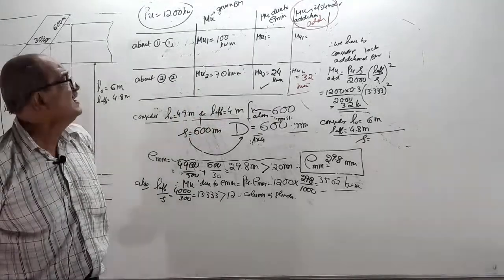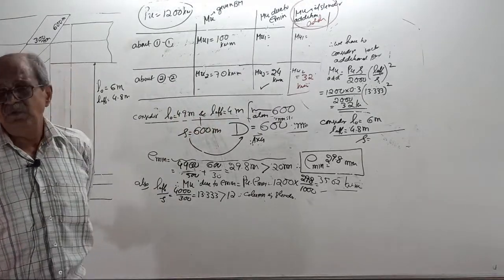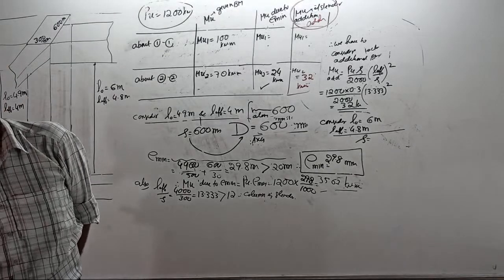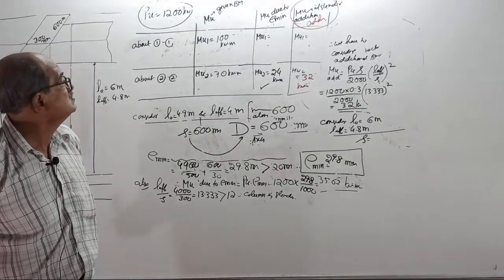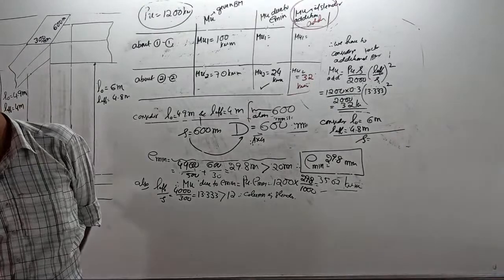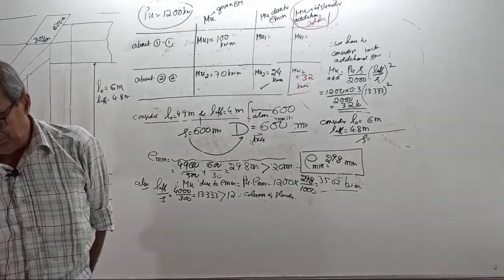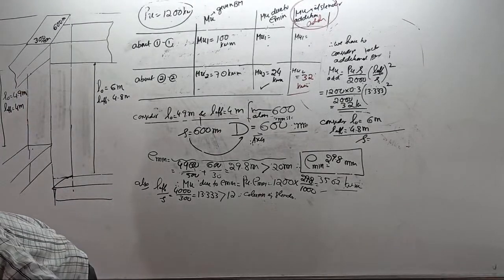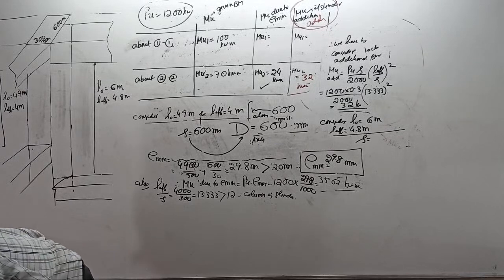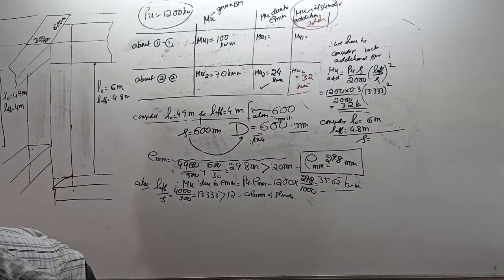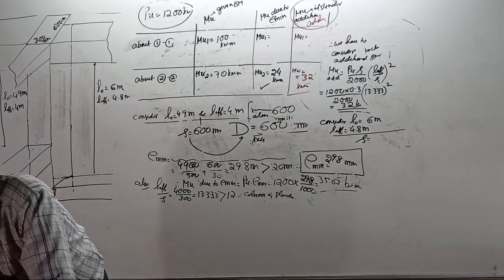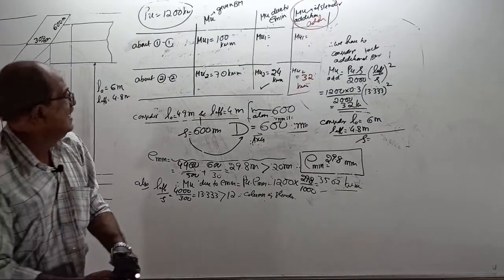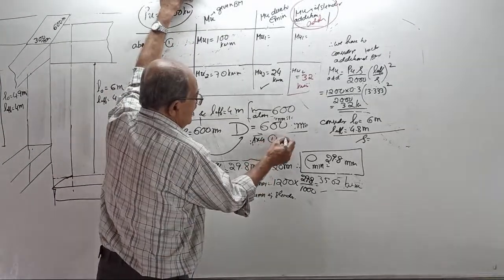Which is the axis when depth is 600? 1-1 or 2-2? When depth is 600, which is the axis? No answer. Axis is 1-1.